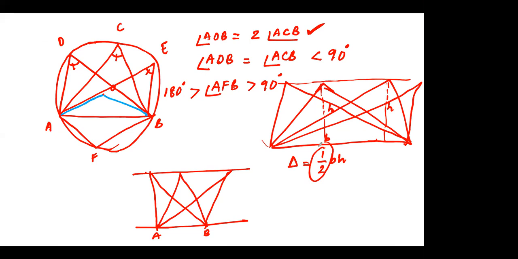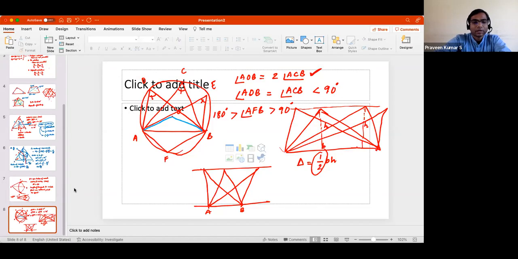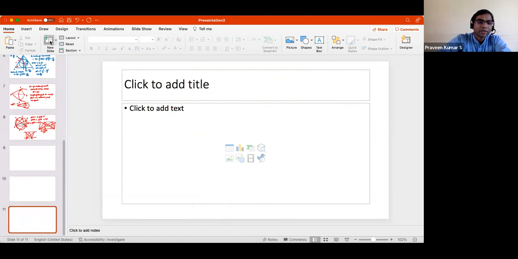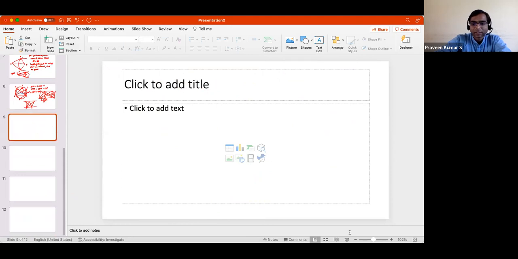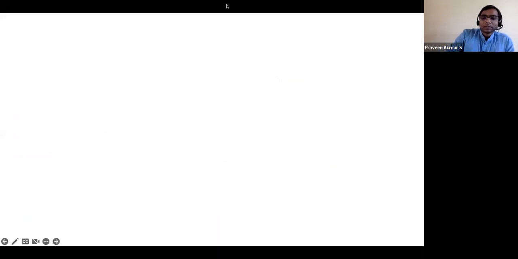Sir, from parallelogram. Yeah, so what we are actually doing is we are drawing a parallelogram. So what we are essentially doing is we are taking two parallel sides. So you have two parallel lines like this.